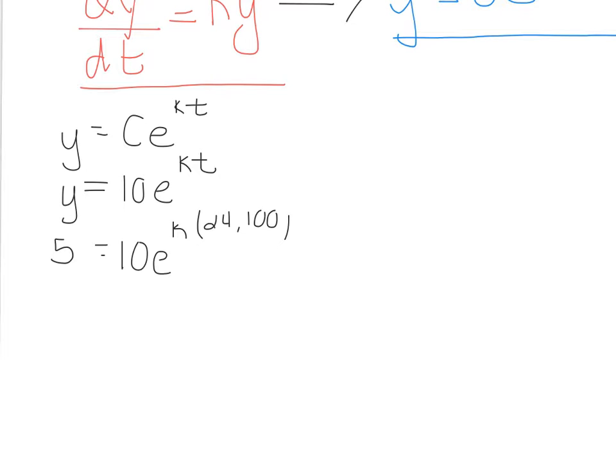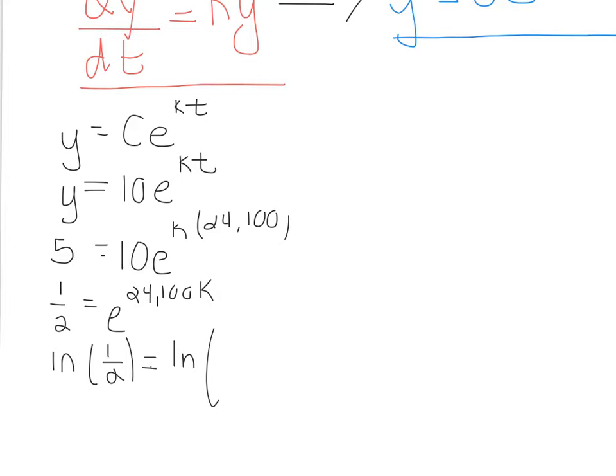If we solve this, we end up with 1/2 equals e to the 24,100 k. And now it's time for natural logs. The natural log of 1/2 equals the natural log of this entire right-hand side.